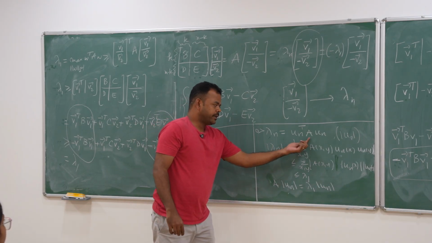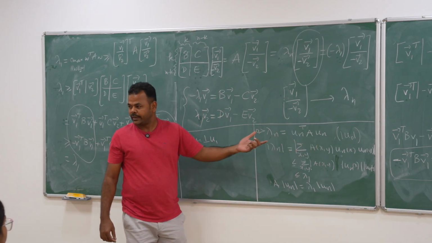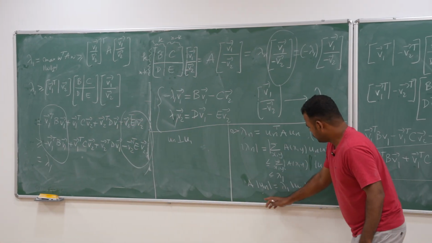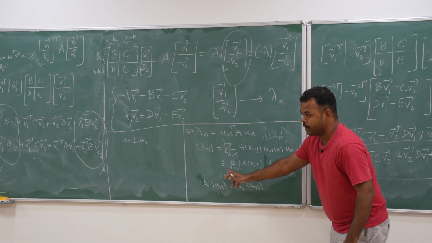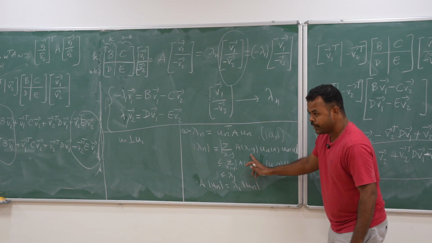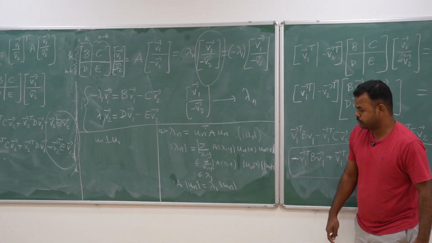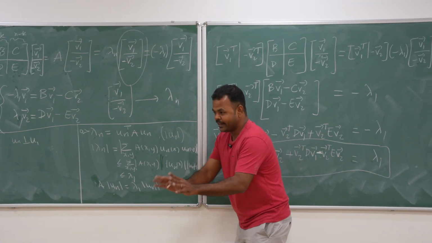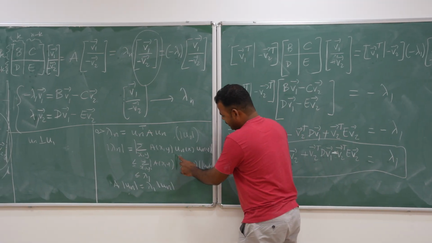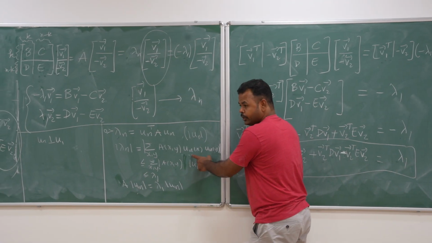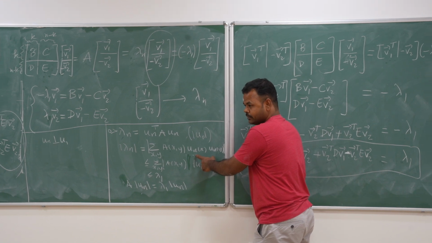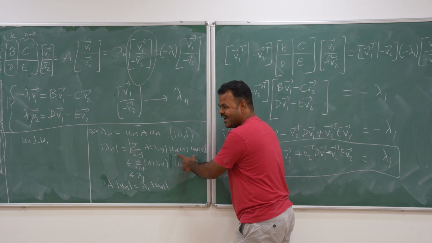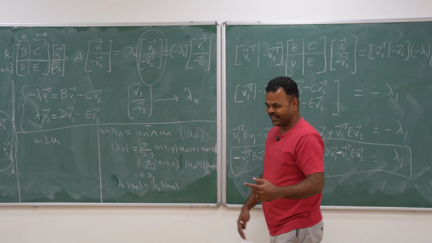A is a non-negative matrix, so un should have both positive and negative entries. Okay, so here you have equality, so that means that everywhere you should have equality. From here to here equality, so all terms should be the same sign. Okay, so that means that un at x and un at y should have the same sign, or every term inside should be negative. Okay, same sign, negative.